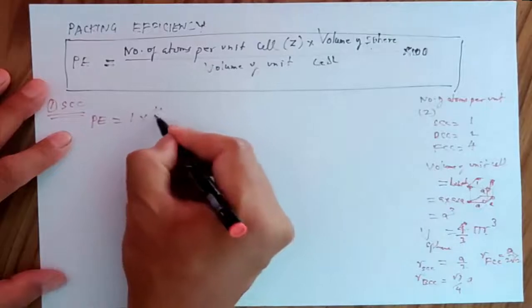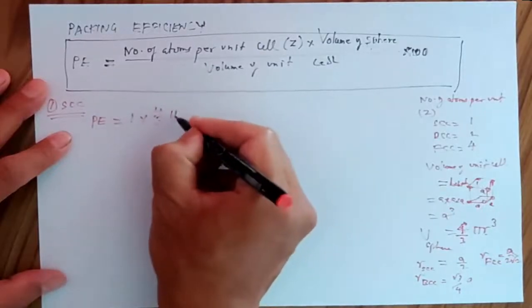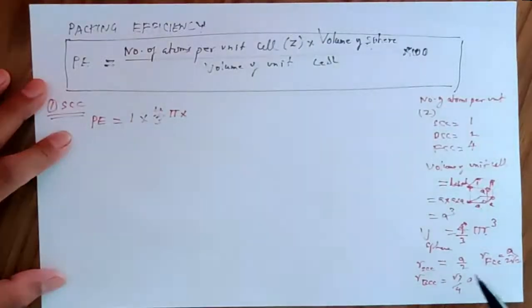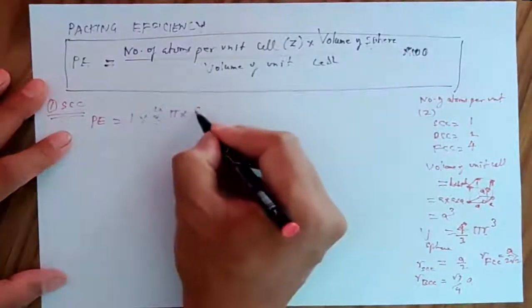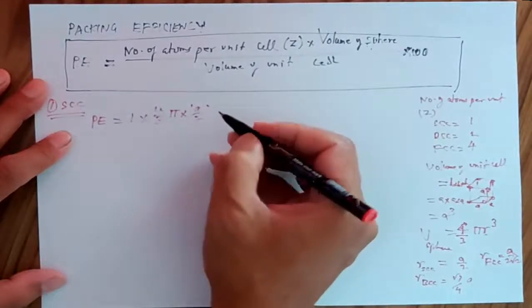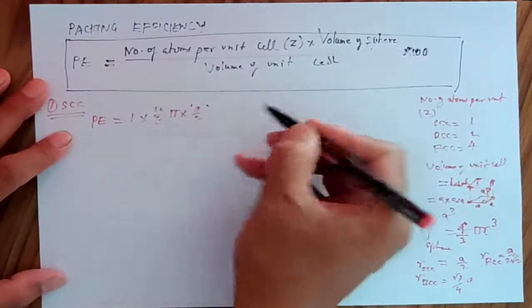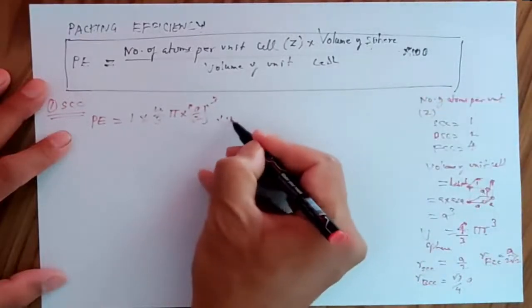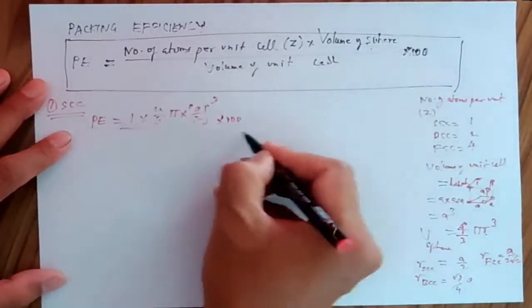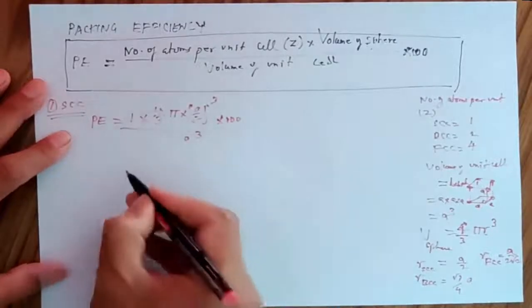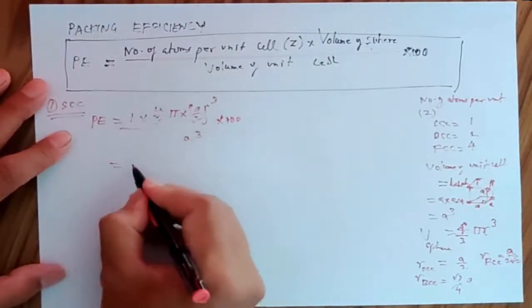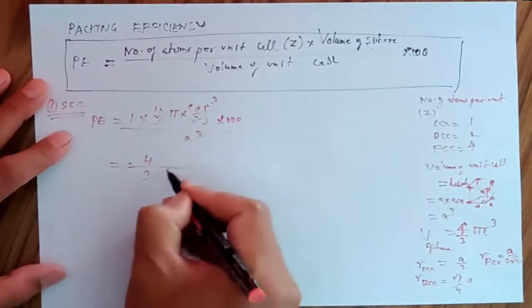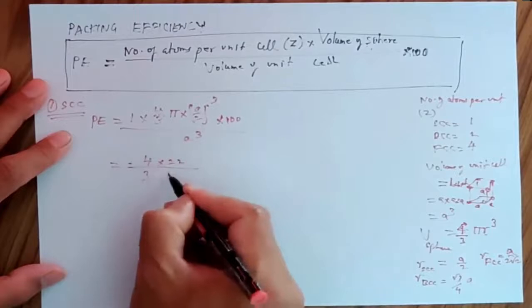Volume of sphere is 4 by 3 pi r cube, and R is A by 2, so A by 2 whole cube, into 100, divided by A cube. Pi is 22 by 7.